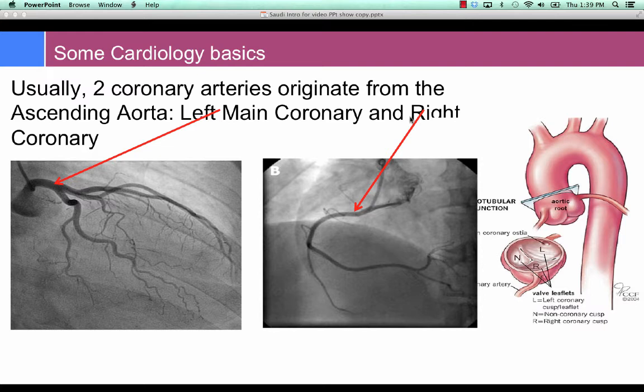And almost invariably, this vessel bifurcates and divides into a left circumflex artery and a left anterior descending artery. The right artery is commonly called the right coronary artery. It could be called the right main, but this is essentially a circumferential vessel throughout its course. And finally, at the bottom of the heart, it gives rise to a posterior descending vessel.